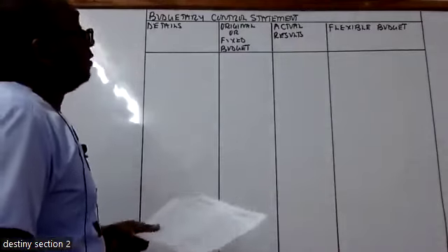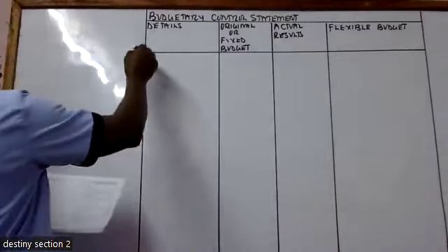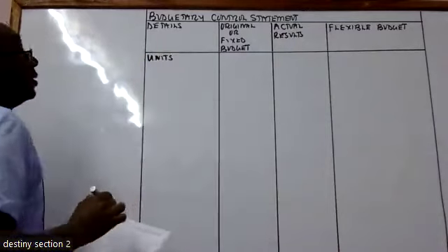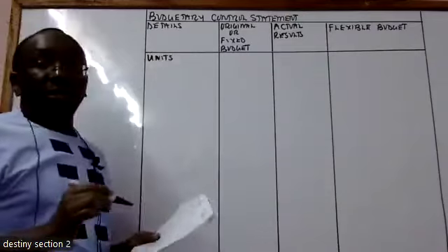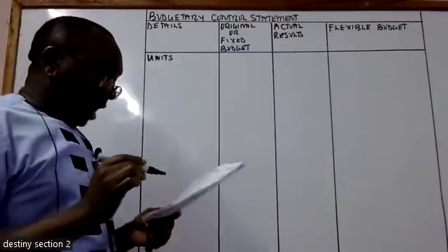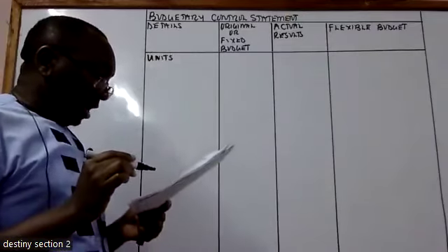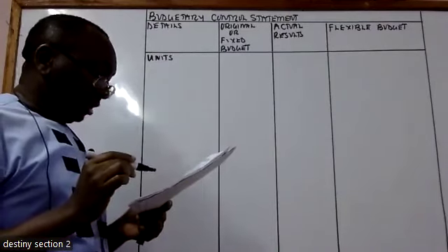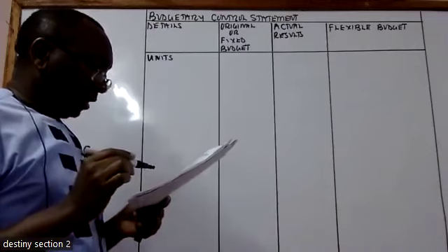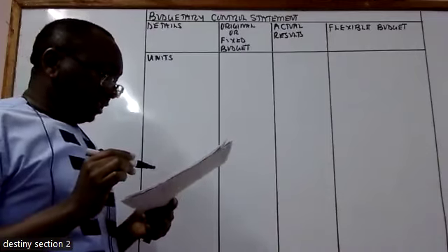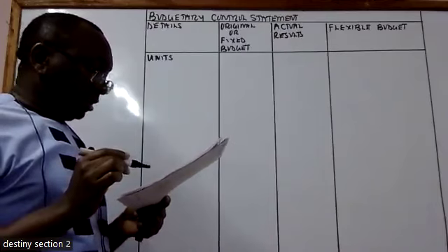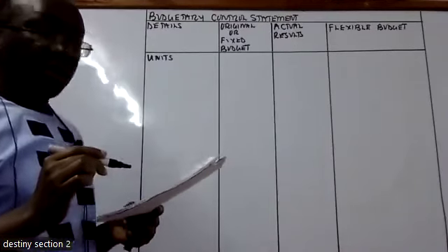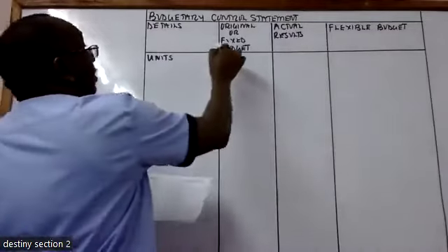Now, the first thing that we do is to get the units. According to information 3, the fixed overhead are absorbed on an annual production budget of 180,000.